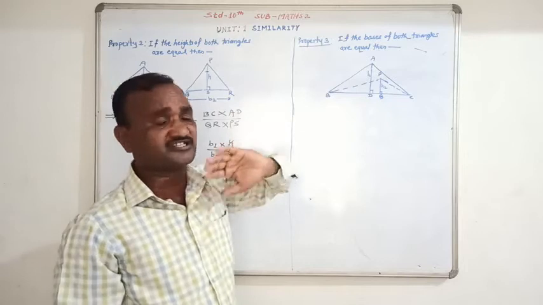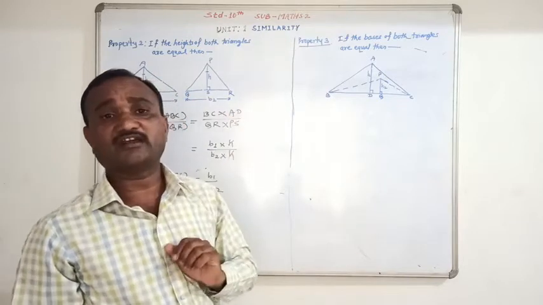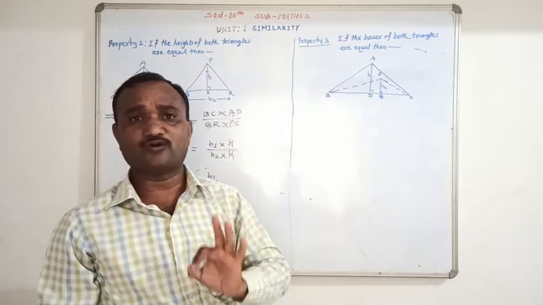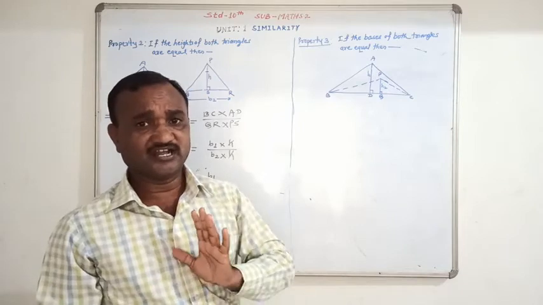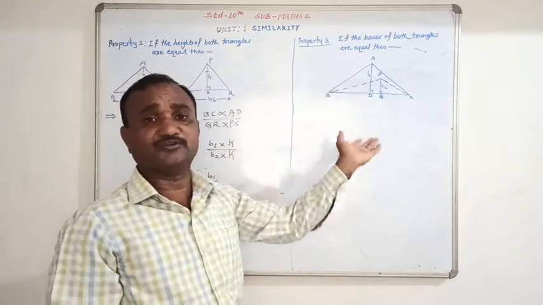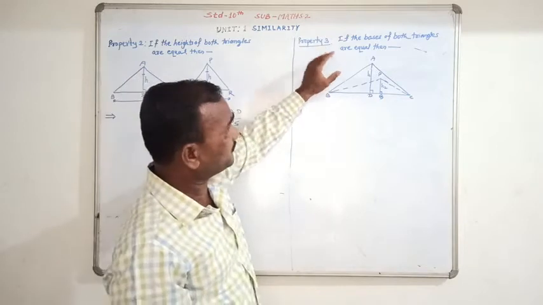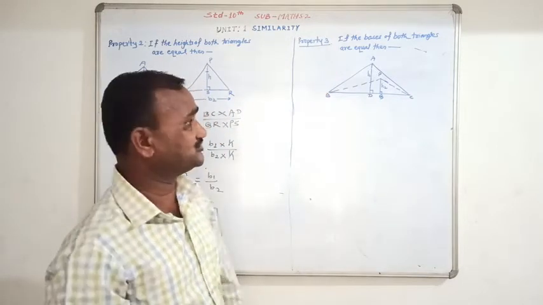So the third property we also have to study here. The third property is related to when both triangles have equal base, common base, same base. Then how to convert the first property into the third property? So this third property also we have to prove by using the first property.